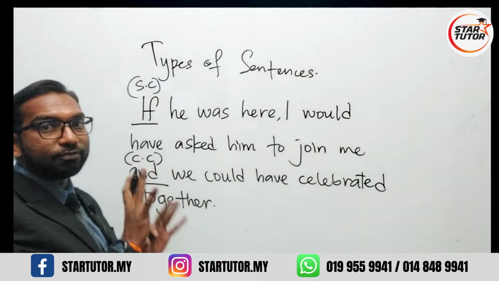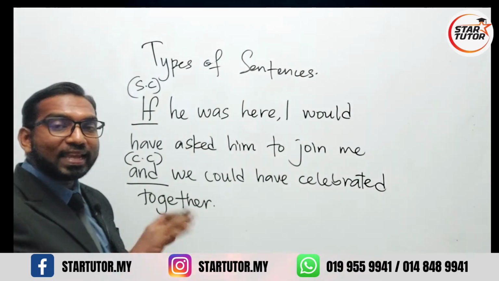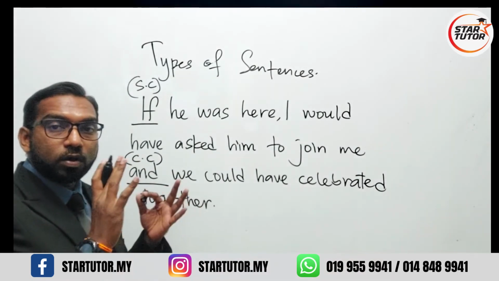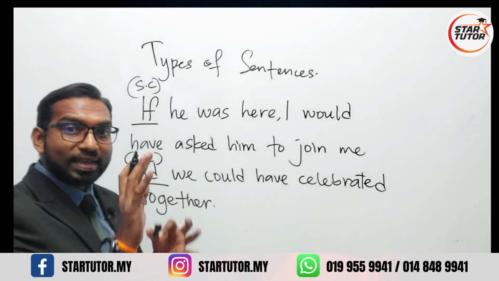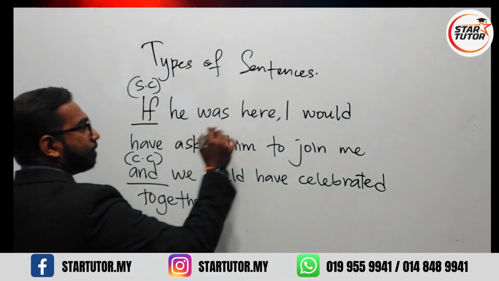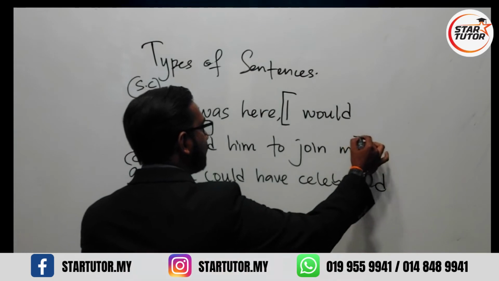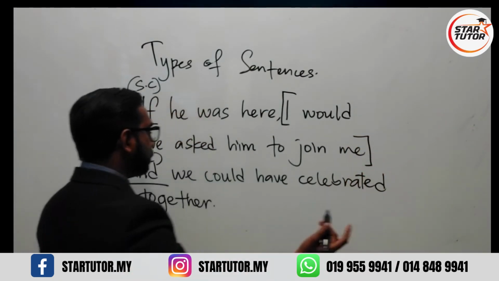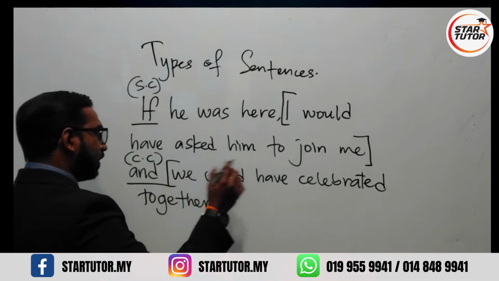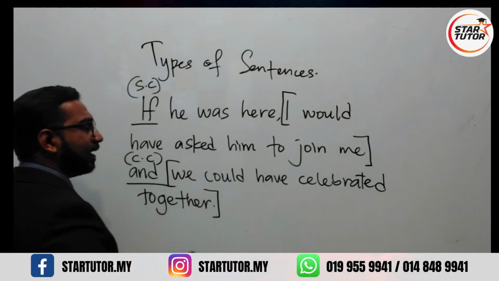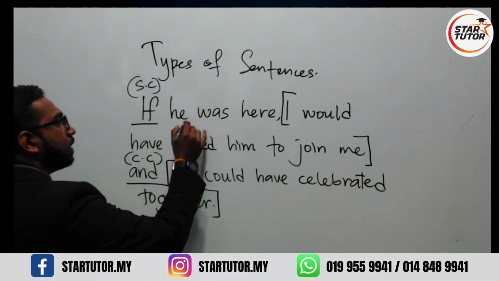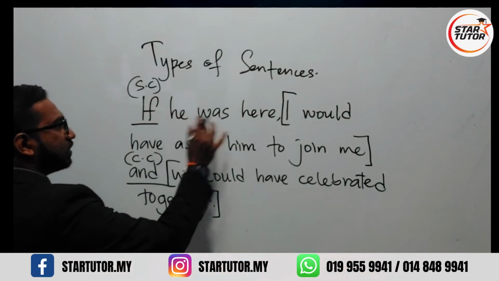Now that we have found the conjunctions, let's look for the clauses. Independent clauses first. I would have asked him to join me. That is one. We could have celebrated together. That is two. Let's see, he was here.